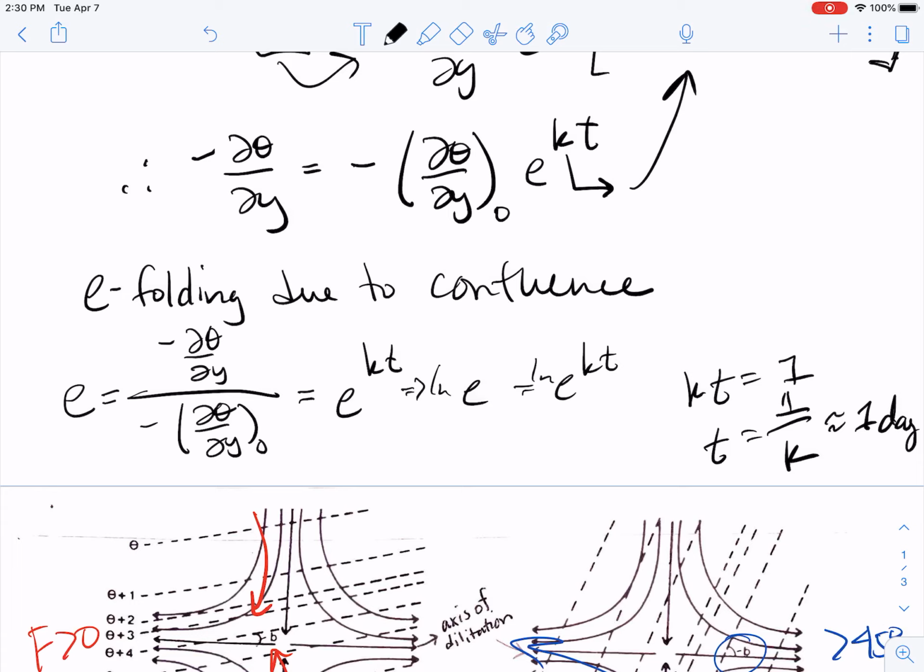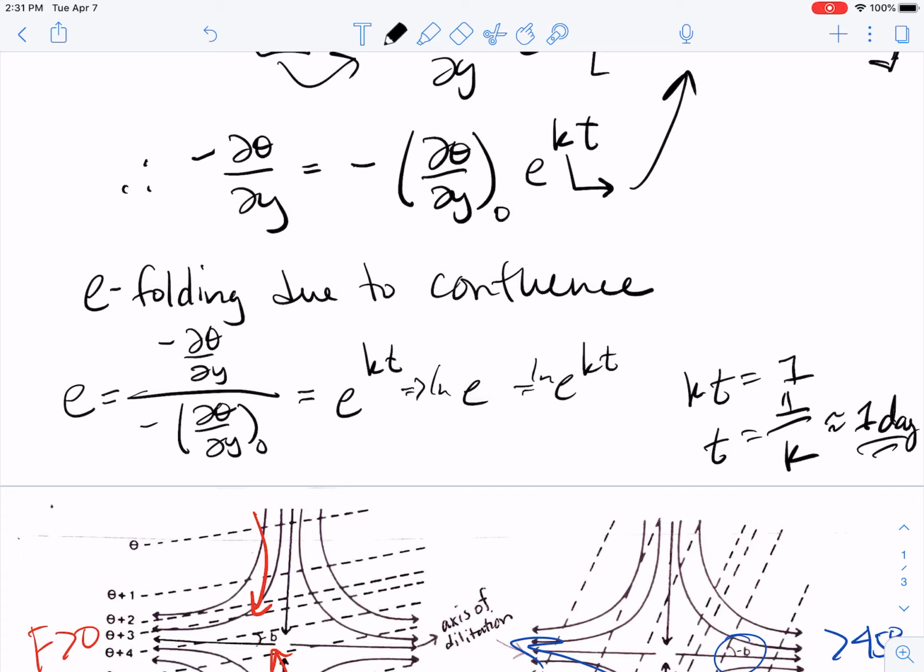So it would take 1 day's worth of confluence and convergence to generate about an increase in the factor of 2.71, the value of e. And from observations, we know that this is just too long.